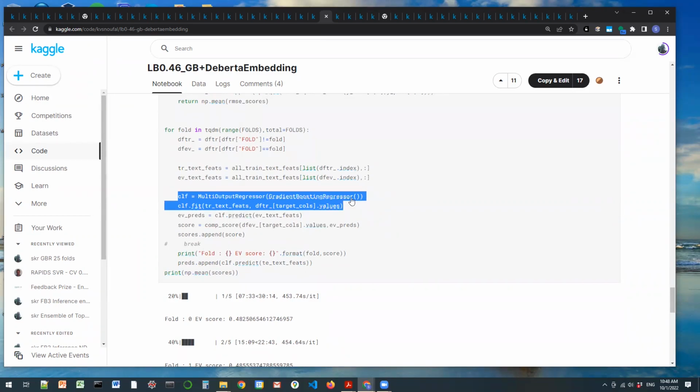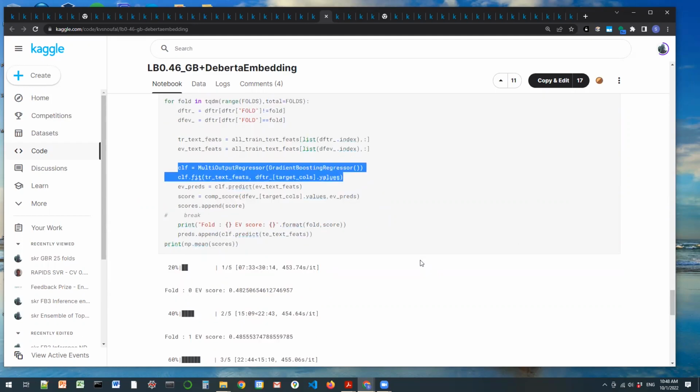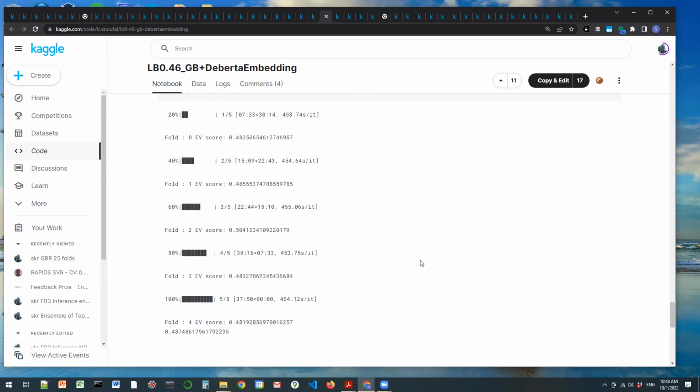And he used the default thing too. And this runs within a reasonable time with 5 folds rather than 25 folds. Sorry, you were saying, Jack?